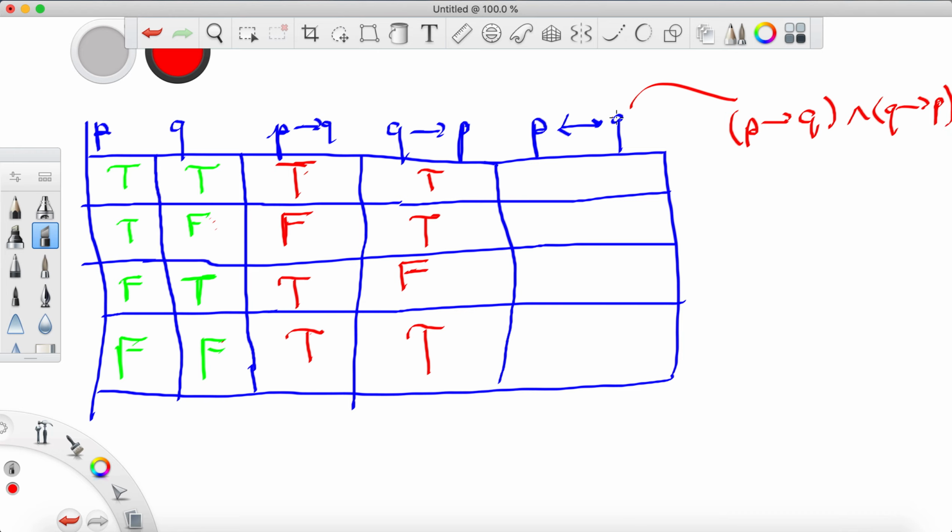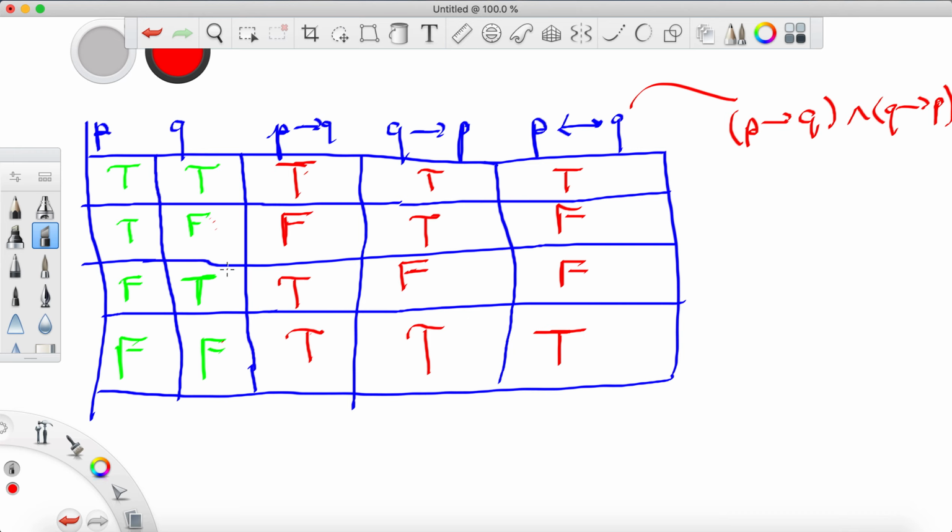After all, it's P if and only if Q, which is the same thing as saying if P then Q, and Q if P. So clearly this is true because those are true. At least one of these is false, so the whole thing is false. This is false, and this is true because both of those are true.